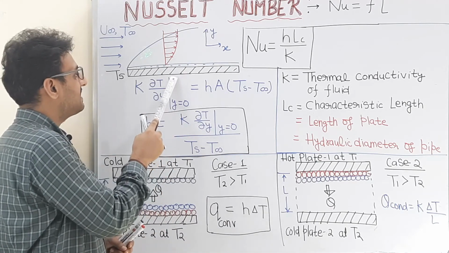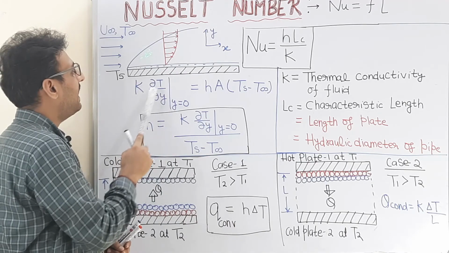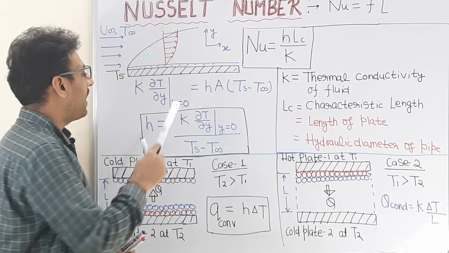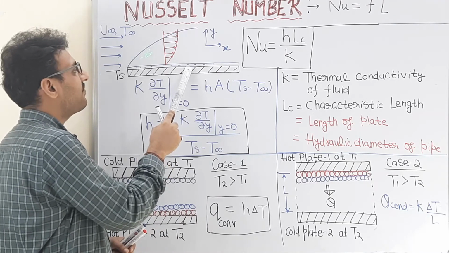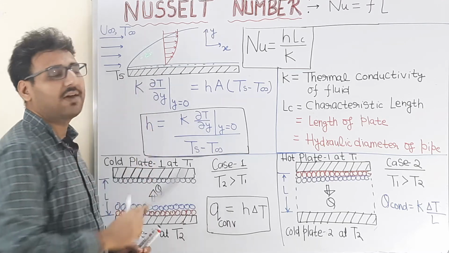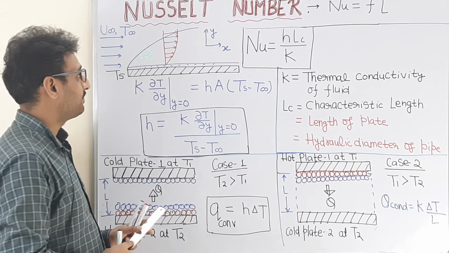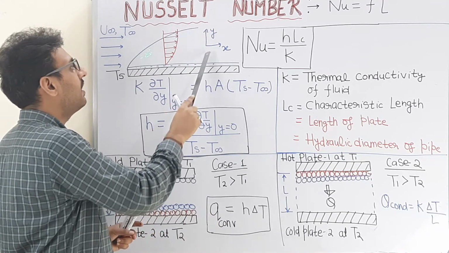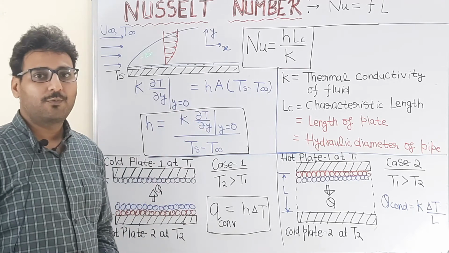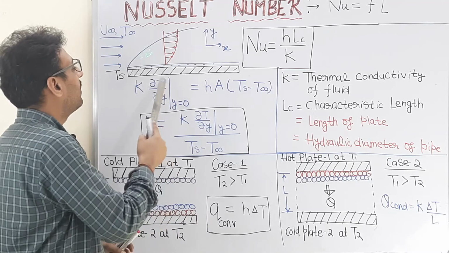Now this is represented by k del T upon del y at y equals 0. y equals 0 shows the surface of the plate, or the layer which has 0 velocity, because we are considering y in the vertical direction and x along the flow of the fluid.